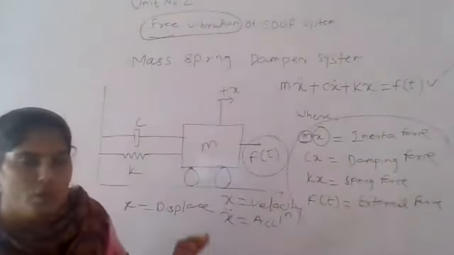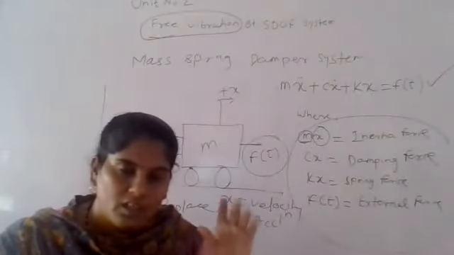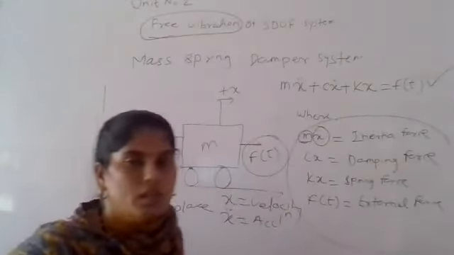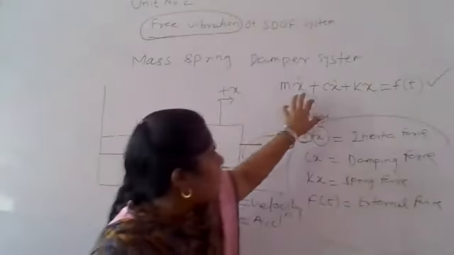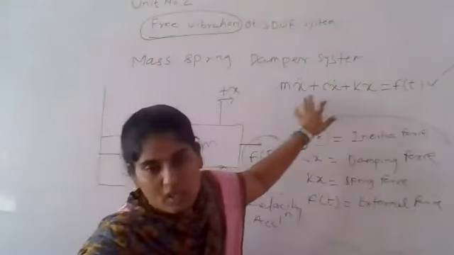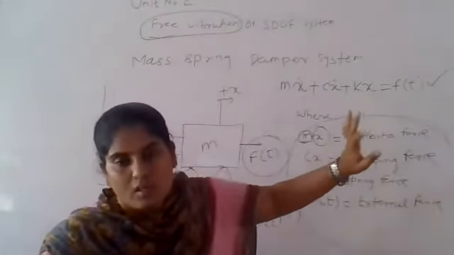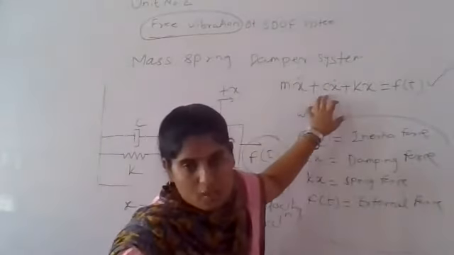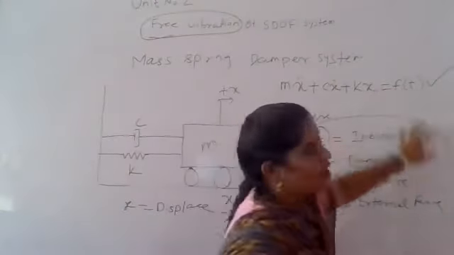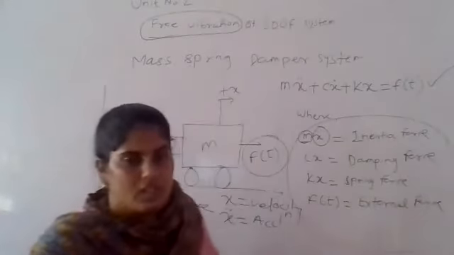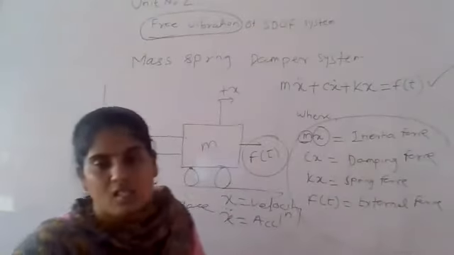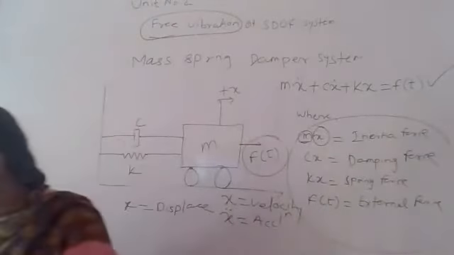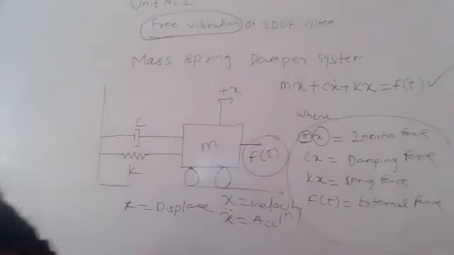And we already know the internal forces are equal to the external forces, and based on this balancing, the equation is mx double dot plus cx dot plus kx equal to f of t. And you write down this, and below this you write down: this is the general equation of dynamic analysis. So write down these points.